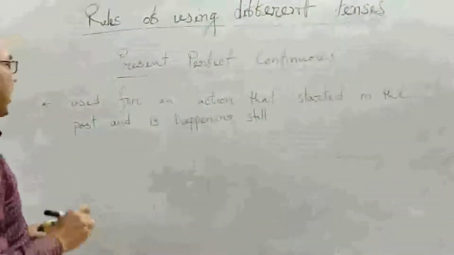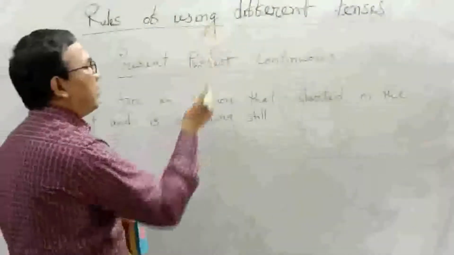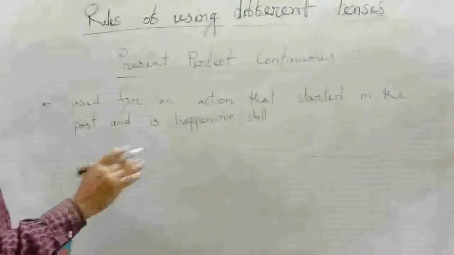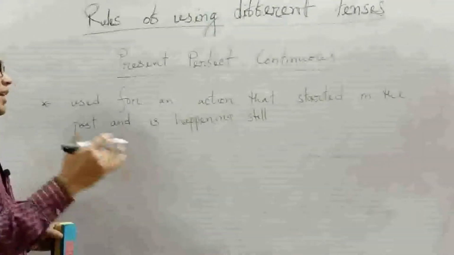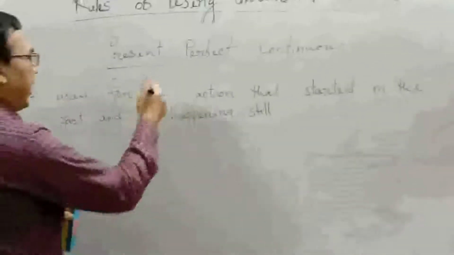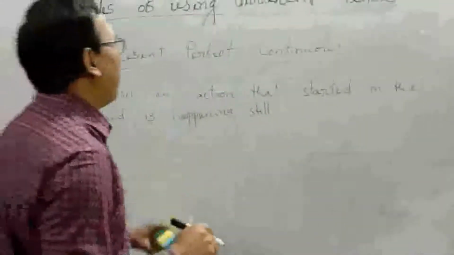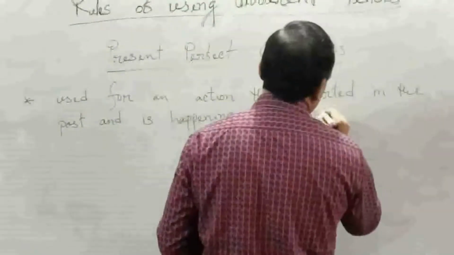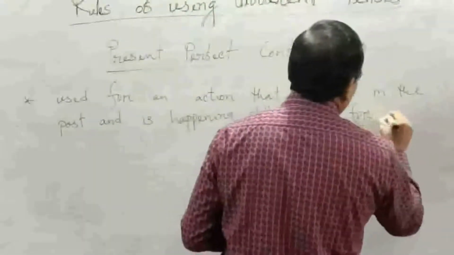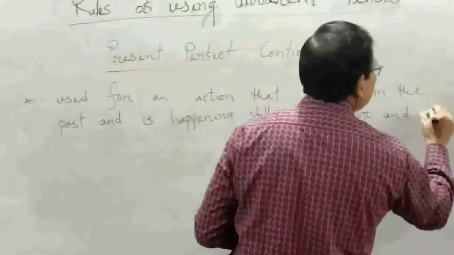So an action that started in the past and is not finished yet, the action is still happening. In that case we use present perfect continuous or present perfect progressive tense with for and since.